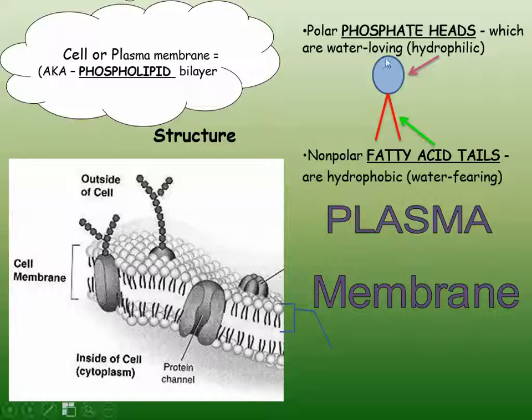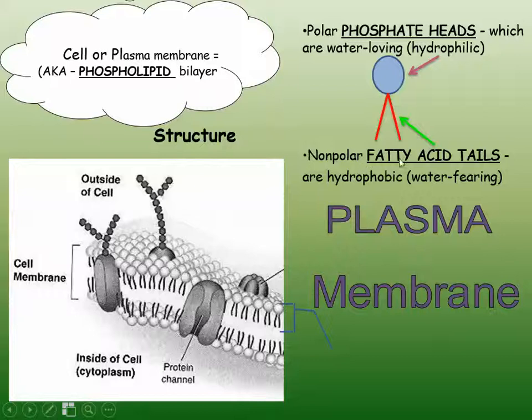There's also this point right here. When I say water-loving, hydrophilic, philic means love. Hydro, obviously water. These are going to be attracted to the water molecules, right? So they're going to be okay with water being around them. That has to do with the fact that they're polar, and again, we'll address that more in class.